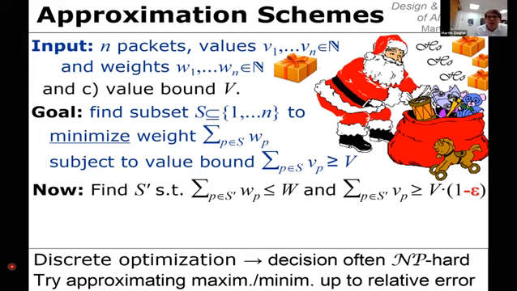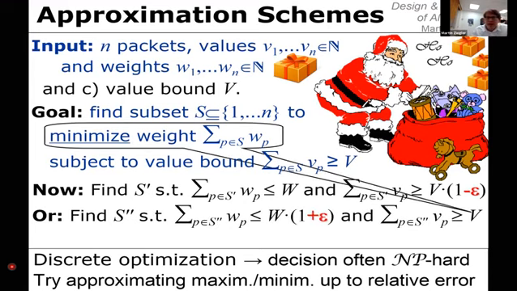And we're going to take a view of the knapsack problem as a maximization problem. So we're going to expect an approximation ratio less than 1. But during the course of our algorithm, we're actually also going to consider it as a minimization problem.